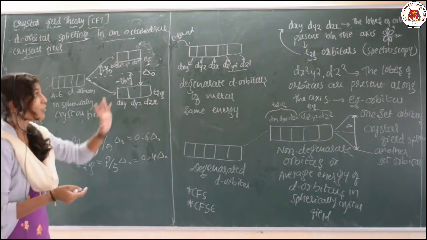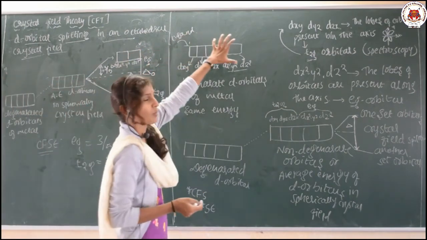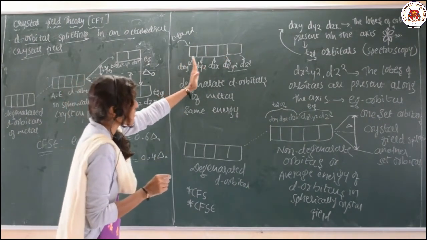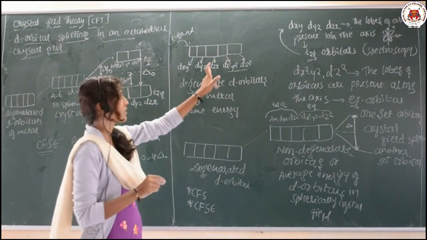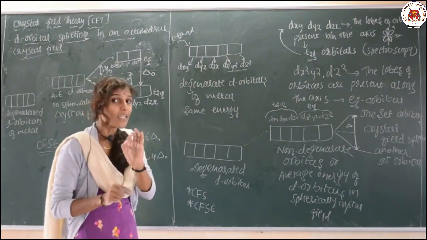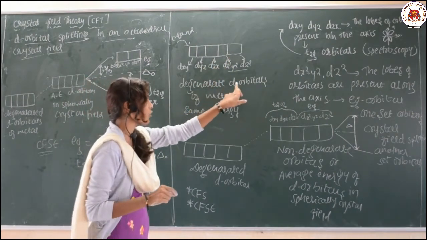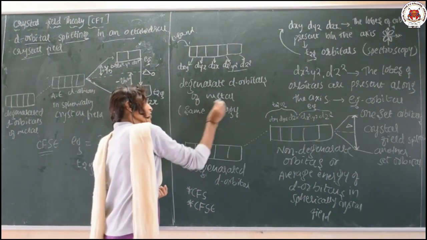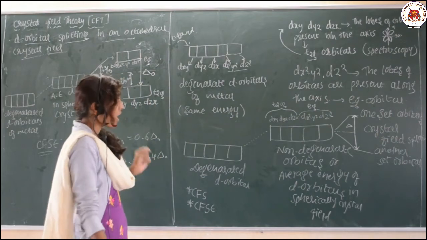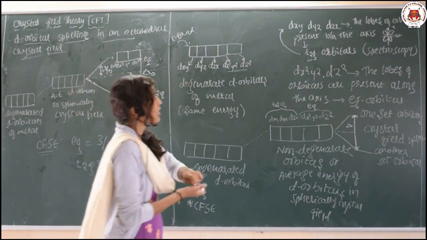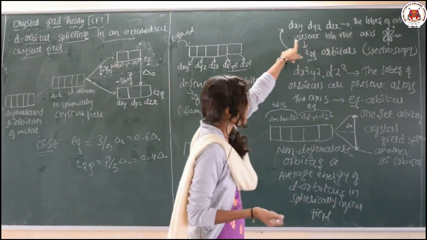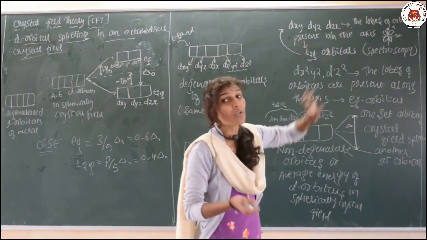First, the metal has the d orbitals. These are the 5 d orbitals, and these are the degenerate d orbitals of the metal. What is the meaning of degenerate? Same energy. Now in these 5 orbitals, the dxy, dyz, dzx, the lobes of these 3 orbitals are present between the axes.